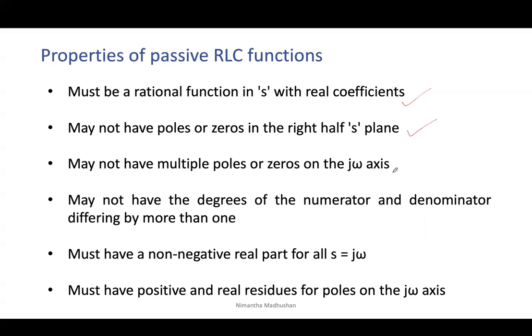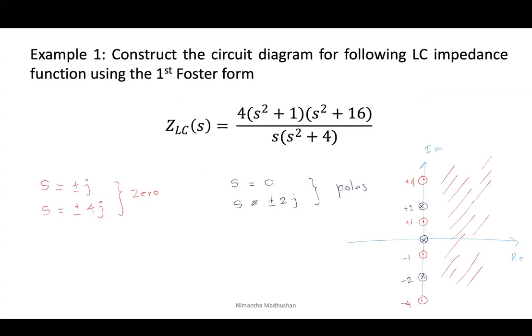Then the third one is it may not have multiple poles or zeros on the j omega axis. Here there are 4 zeros and 3 poles. Multiple zeros would mean, for example, if we had another zero with s equals plus or minus j, so that S1 is plus or minus j and S2 is plus or minus j.